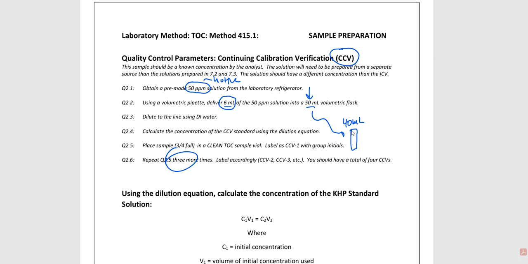So I could do it that way, and I'm going to make you do it that way because I want you to practice your volumetric pipetting skills. You could just times this by 4. You could be like, hey, well, why can't I just take a 200 milliliter volumetric flask? Well, you could. And then why can't I just do 6 times 4, which is 24 milliliters volumetrically pipetted? Well, we don't have a 24 mil pipette.